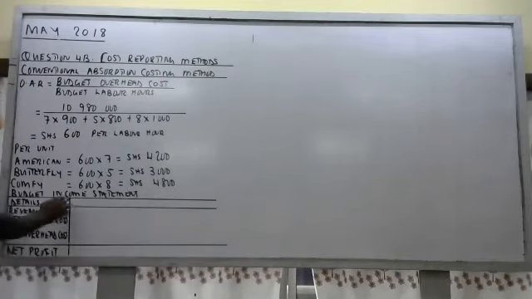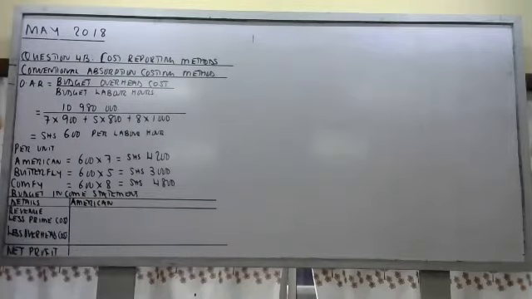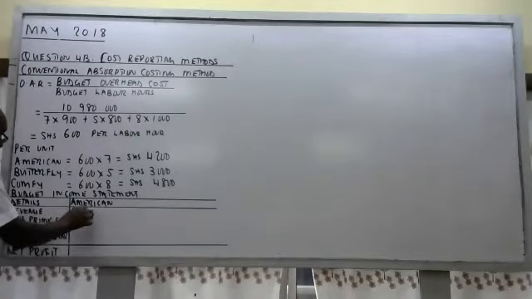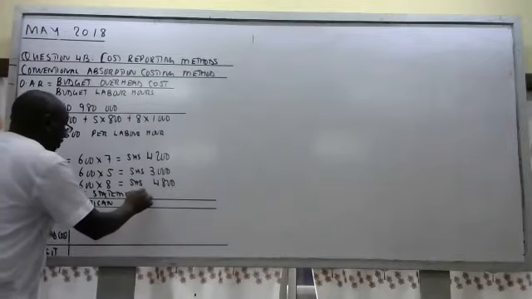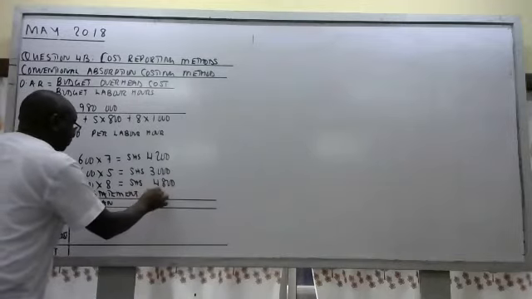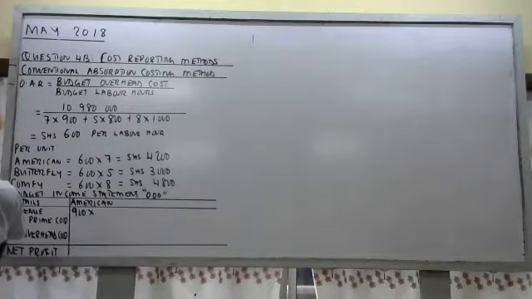So let's start with the American. When you go to American, the units are 900. So the revenue will be 900 times the selling price. I think we can work with our figures being in thousands to make it a little bit easier. The selling price is 40.